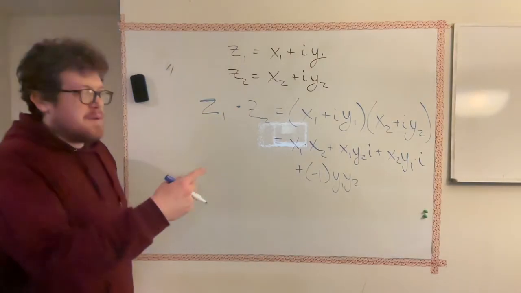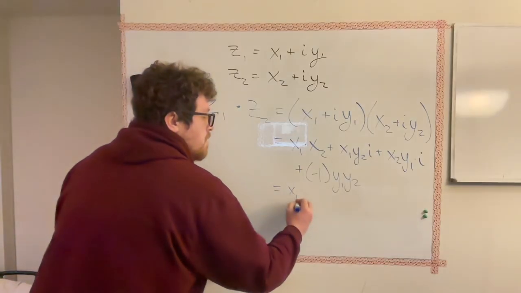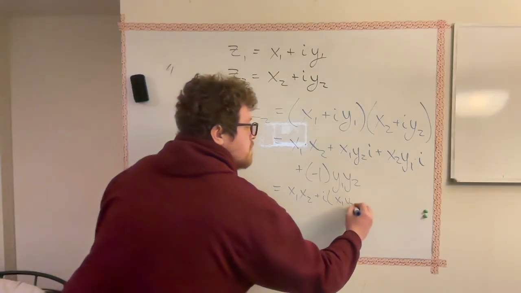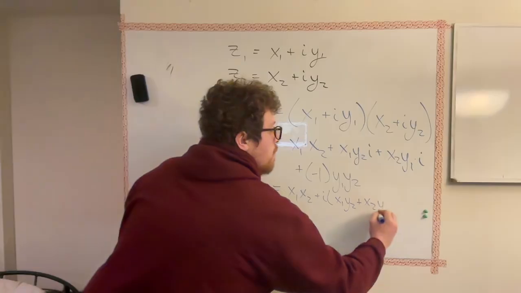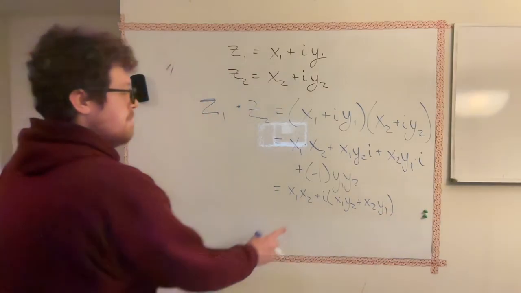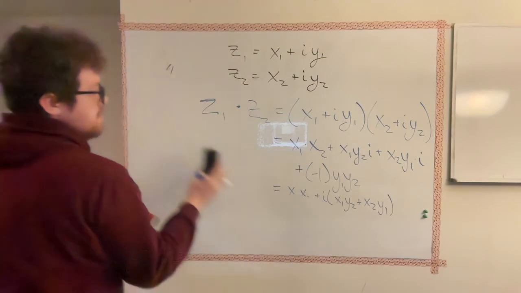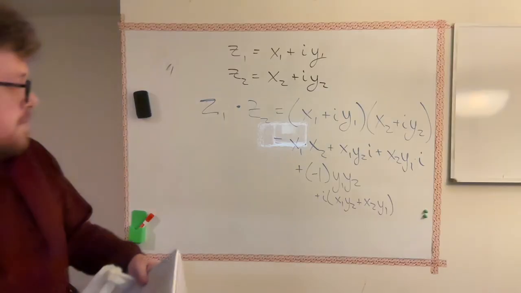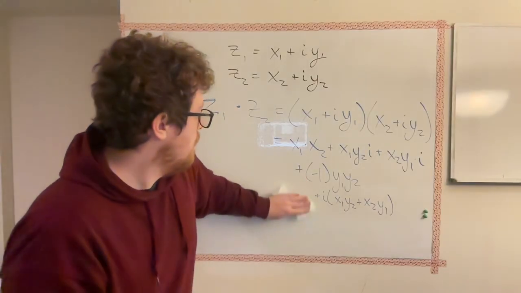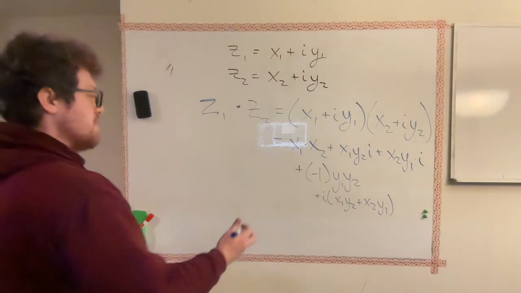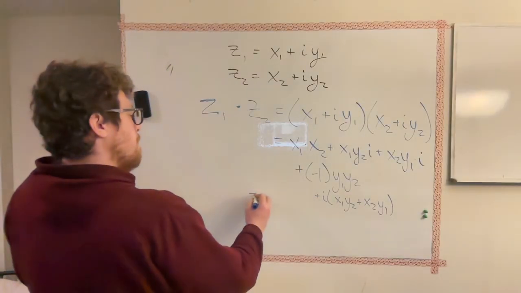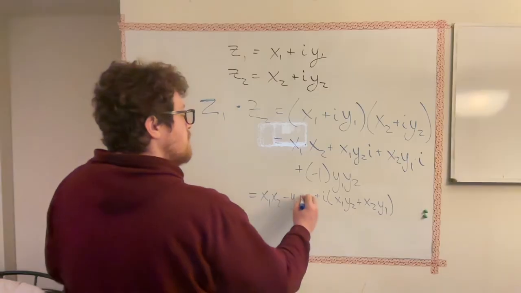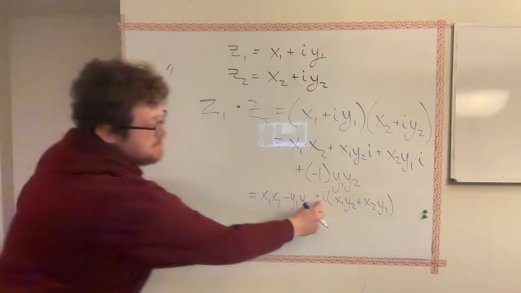So if we combine everything together, then this is just x1 x2 plus i times x1 y2 plus x2 y1. So let me put everything in the front. So this is x1 x2 minus y1 y2, plus i times this stuff.